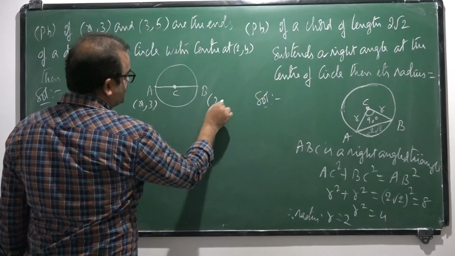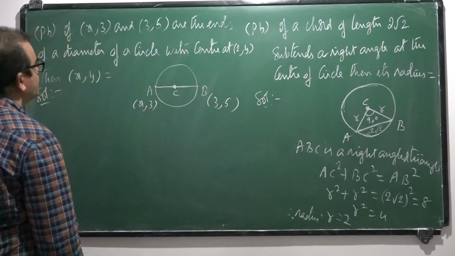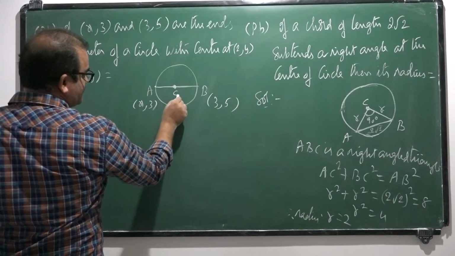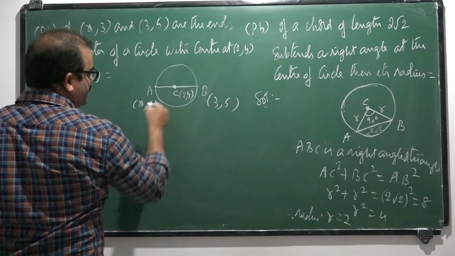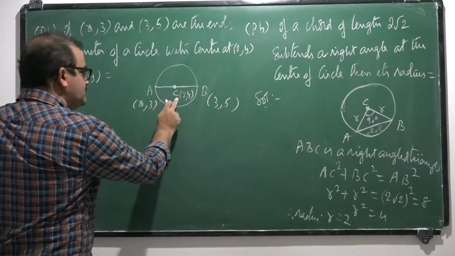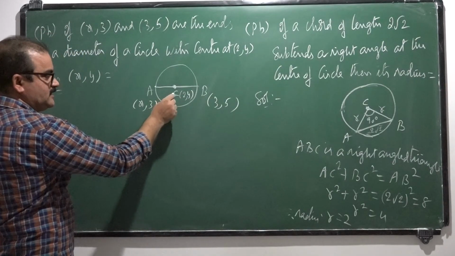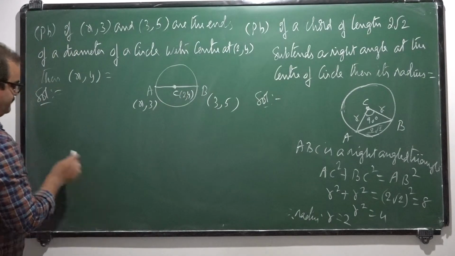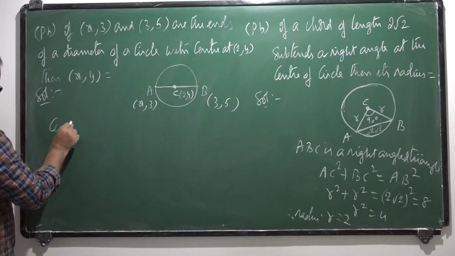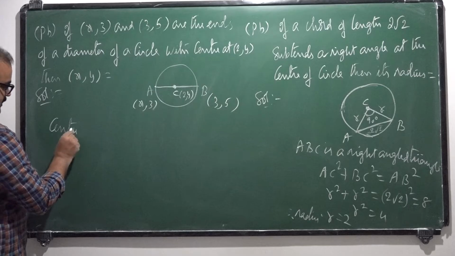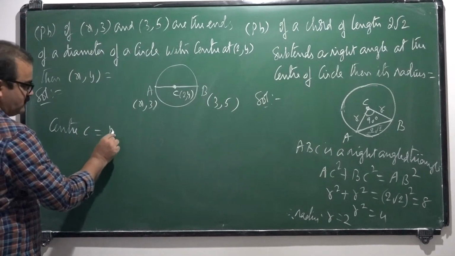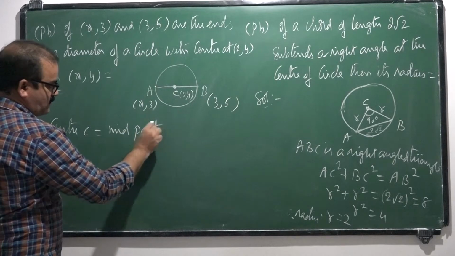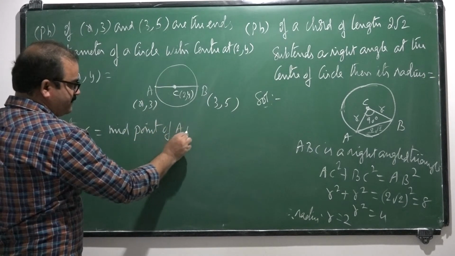Other end is 3 comma 5. Center is also given. Center is 2 comma y. From this diagram, it is clear that center C is the midpoint of AB.